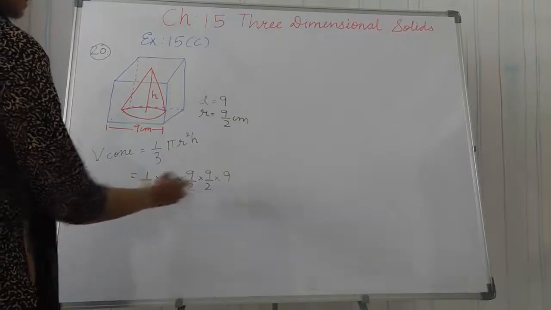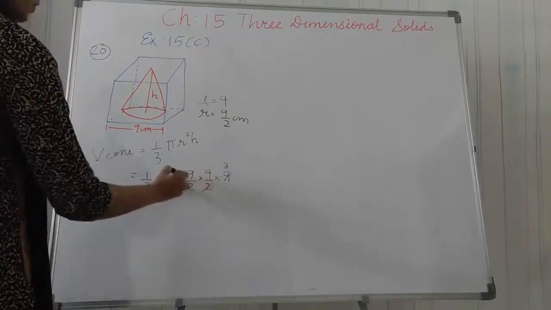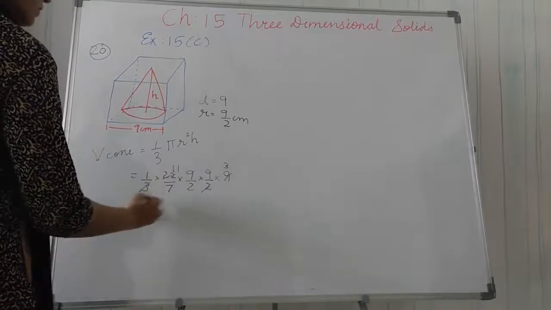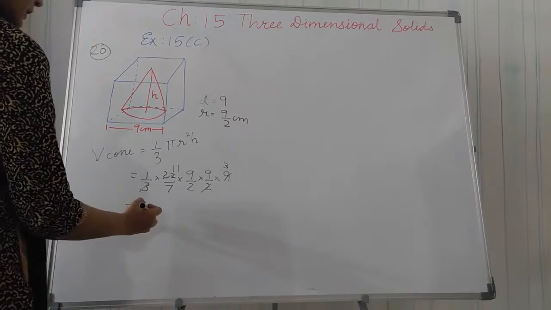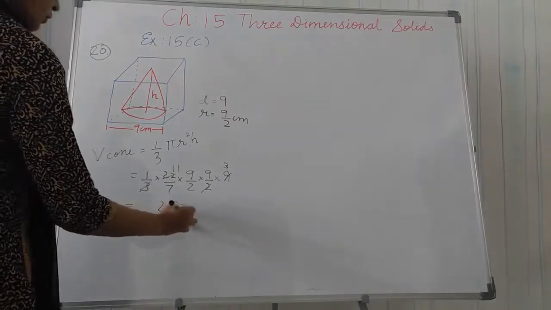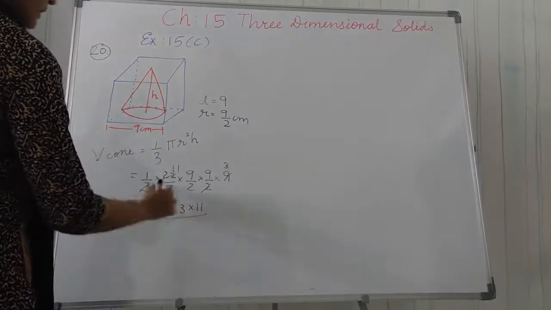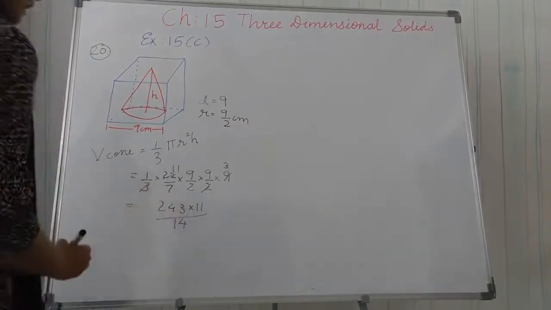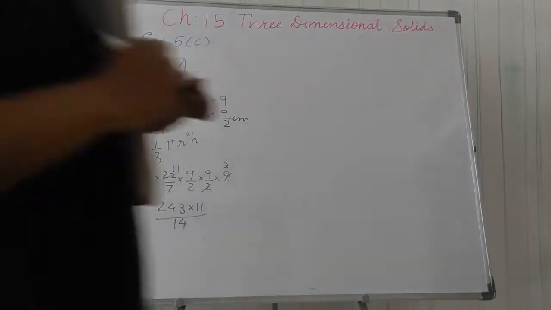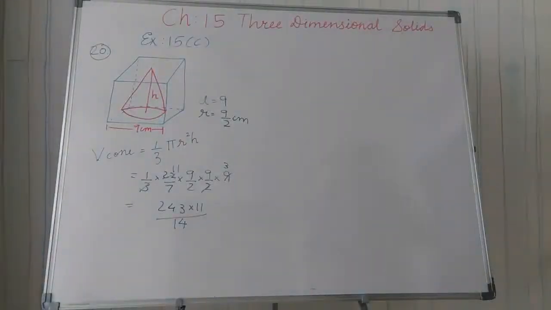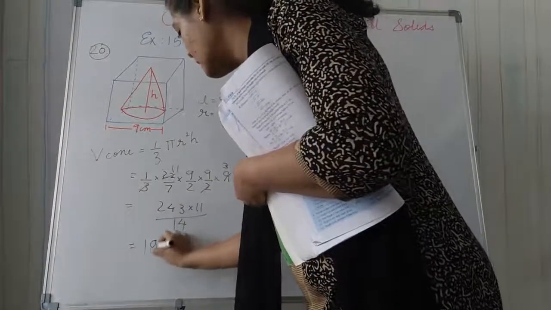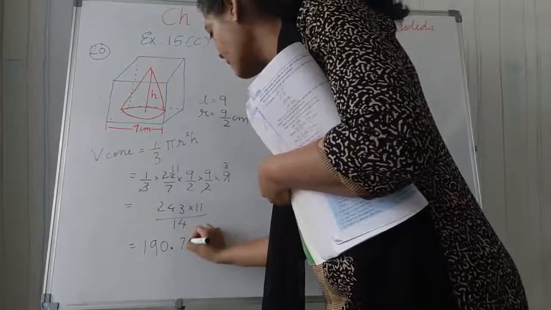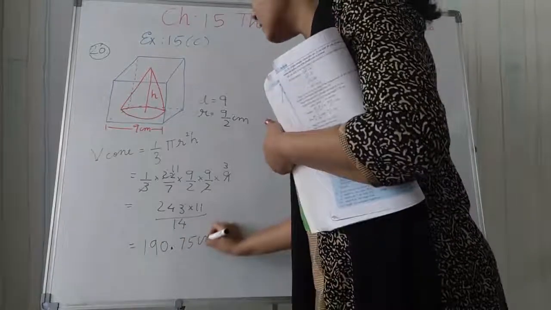So now calculating here, 3 3s are, 2 11s are. 9 9s are 81, 81 3s are 243, 243 11s are. Divide by 7 2s are 14. Correct. So by calculation, the answer we found here is 190.75 centimeter cube.